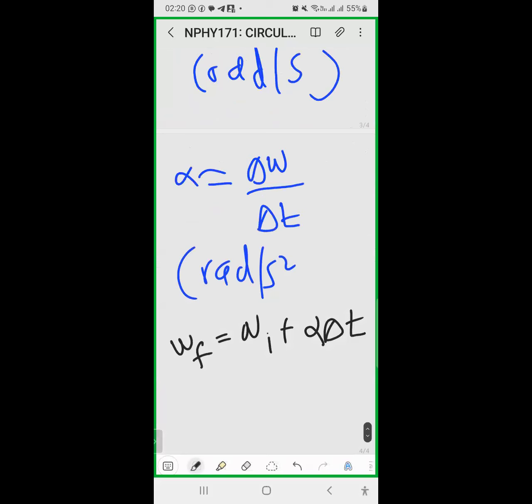Rolling without slipping is a combination of translational and rotational motion, where the point of contact with the surface is instantaneously at rest, meaning that there is no relative motion between the object and the surface. Therefore the velocity of the point of contact will be zero. That is the concept of rolling without slipping.